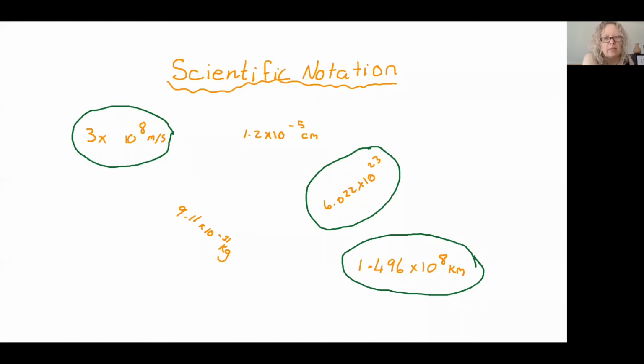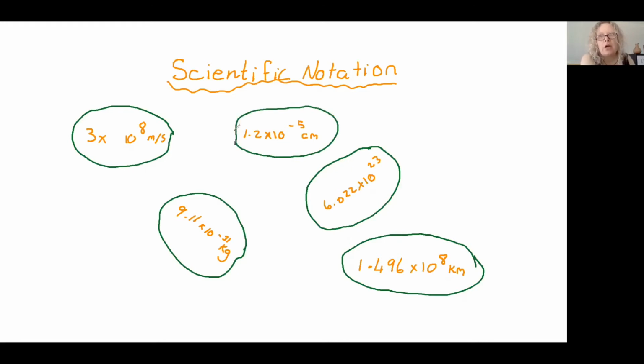Really, really tiny numbers like the mass of an electron, or the size of a coronavirus particle. Okay, I'm going to start by looking at the speed of light.